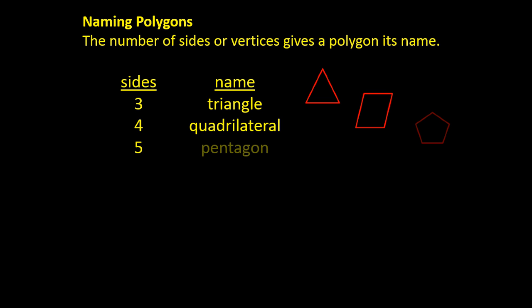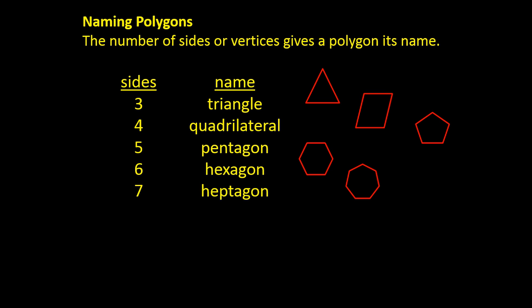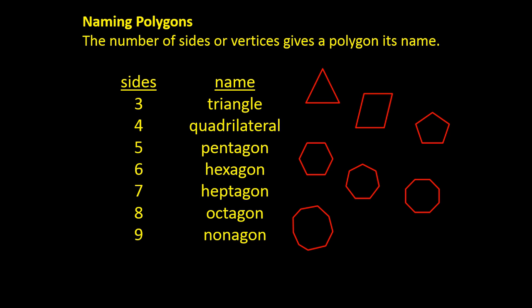A 5-sided polygon is a pentagon. 6 sides gives a hexagon. 7 sides is a heptagon. 8 sides is an octagon. 9 sides is a nonagon. 10 sides is a decagon.